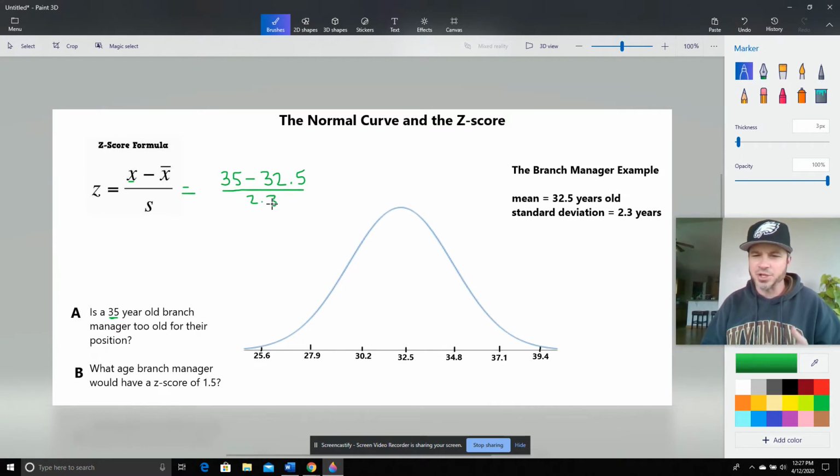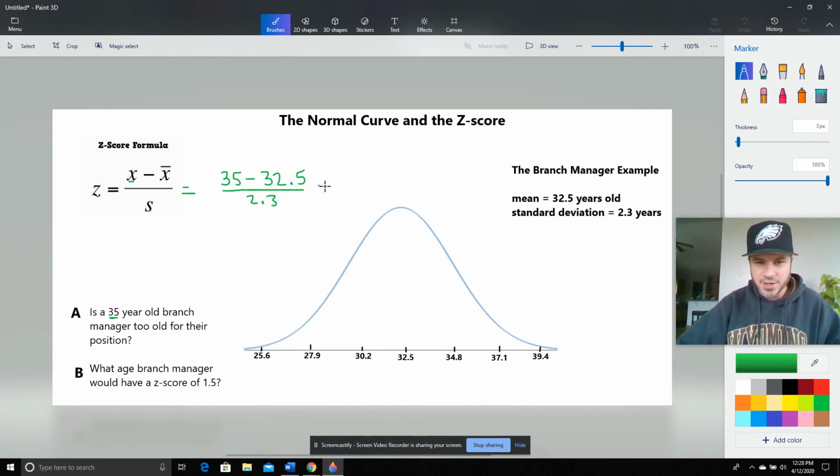In your calculator, make sure you do it step by step. If you're using a calculator that doesn't understand order of operations, just go slow. So I would do 35 subtract 32.5, hit enter, and then divide that by 2.3.